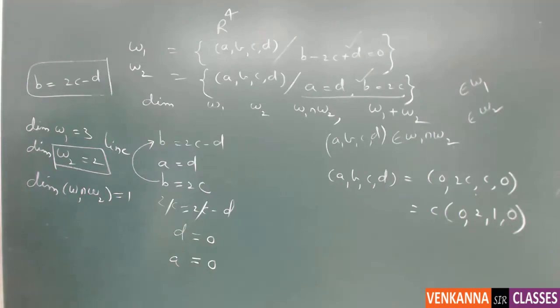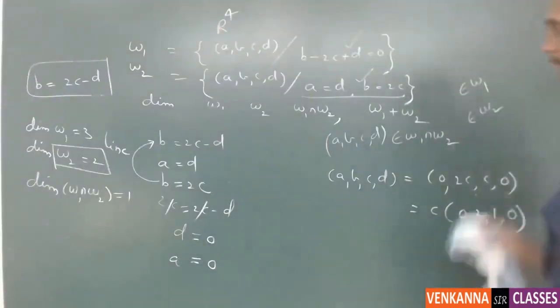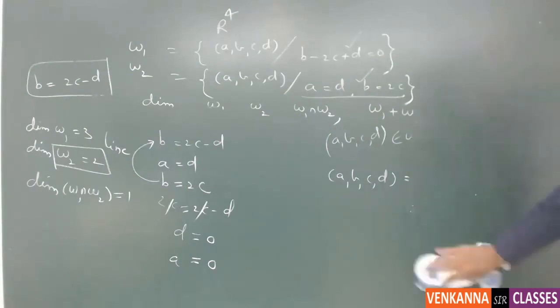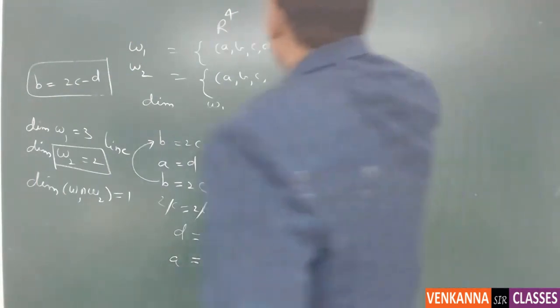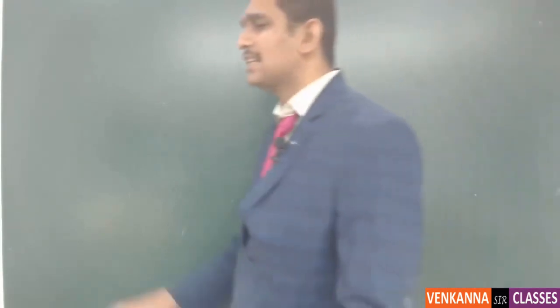Then let me take the other problem. W1 plus W2 is nothing but a subspace in R^4 which contains the plane and the line. Just understand it like that. The whole space is R^4.